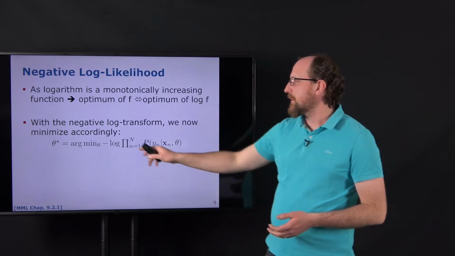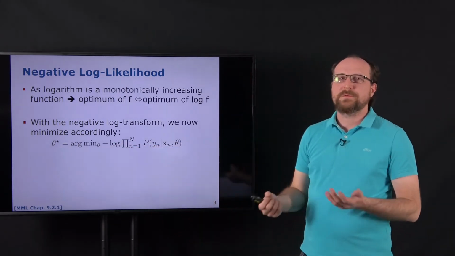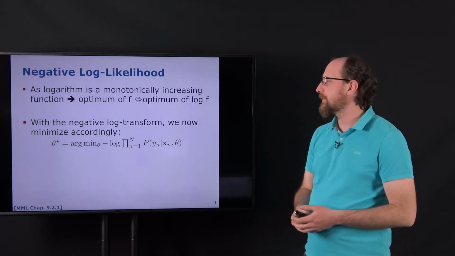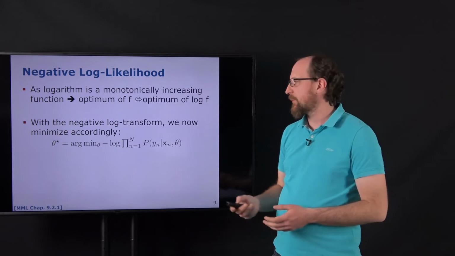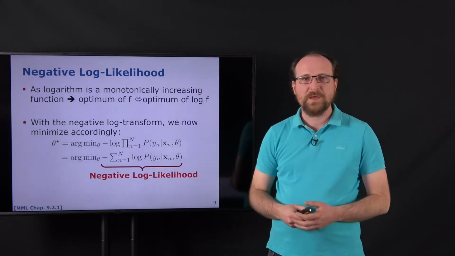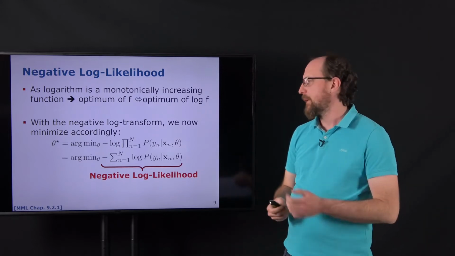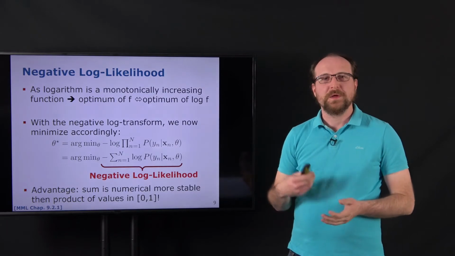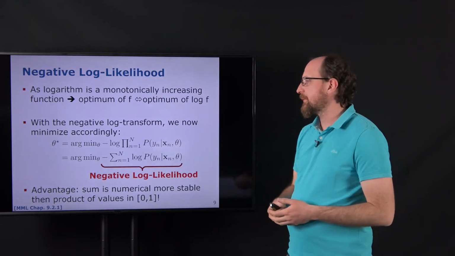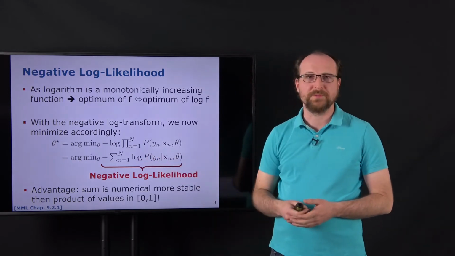So we had the minimum, the minus and the logarithm of this, and then, as you may remember from calculus, when you have a logarithm of a product, you can turn this product into a sum. And this is usually called the negative log likelihood. One specific advantage of this logarithmic transform is that we turn the product of small numbers into a sum of small numbers.